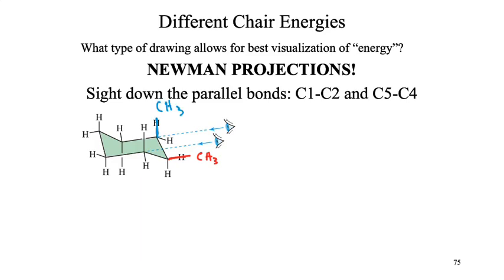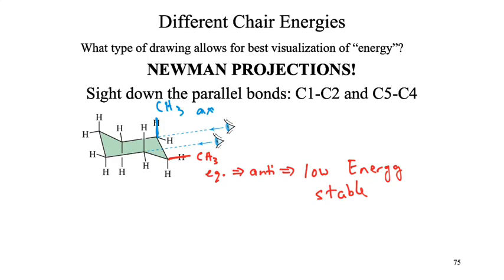I could look at this and say this was equatorial, this was axial. Equatorial was anti, which is good or bad? Good. Okay. Good's a little vague. Let's fix that up. Let's not do good. Let's do low energy. Stable's another good word to throw in there.